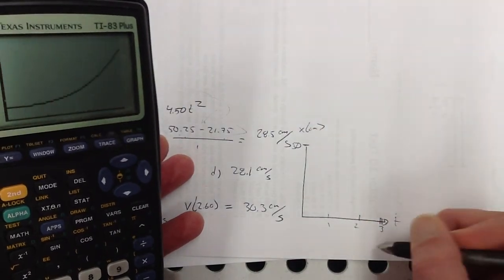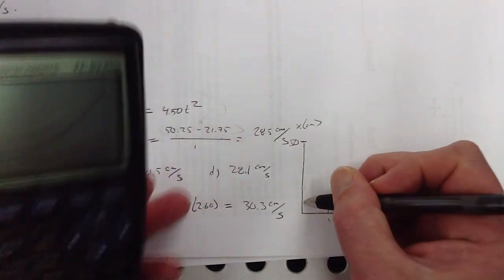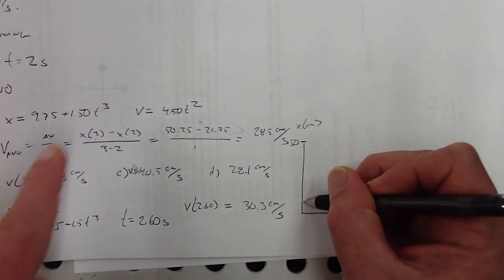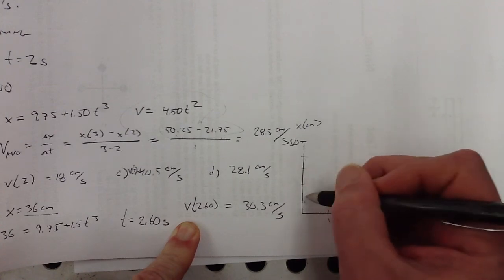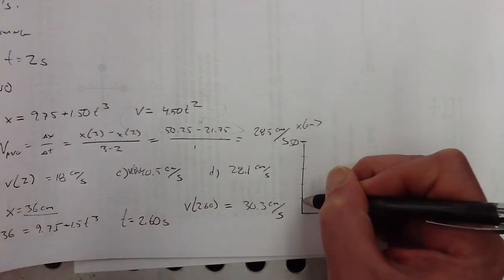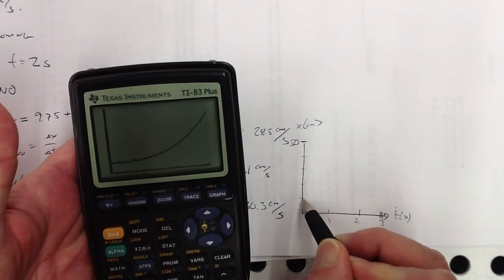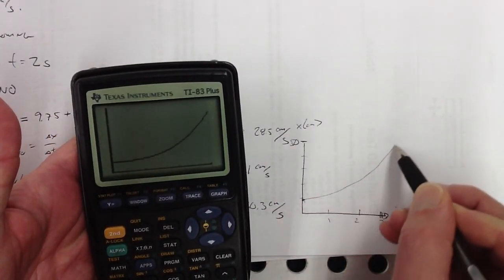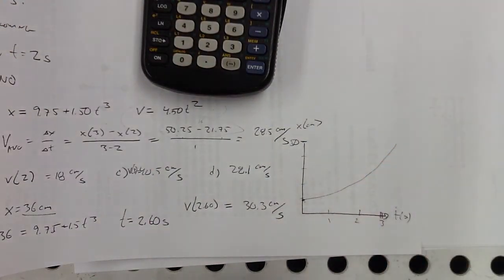It's x in centimeters, time in seconds. So let's see, when it starts out at 9.75, so if I scale that by 10, so that's about there, and then it looks like it bends up like this. So what are we looking at here?